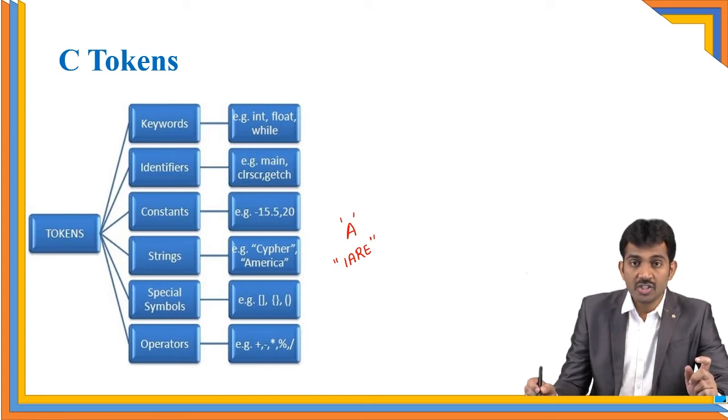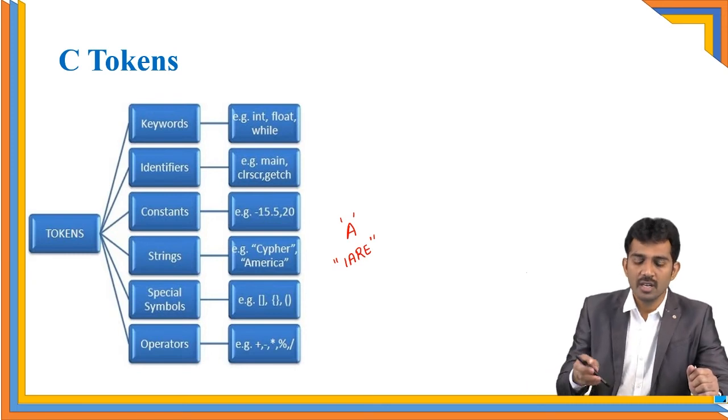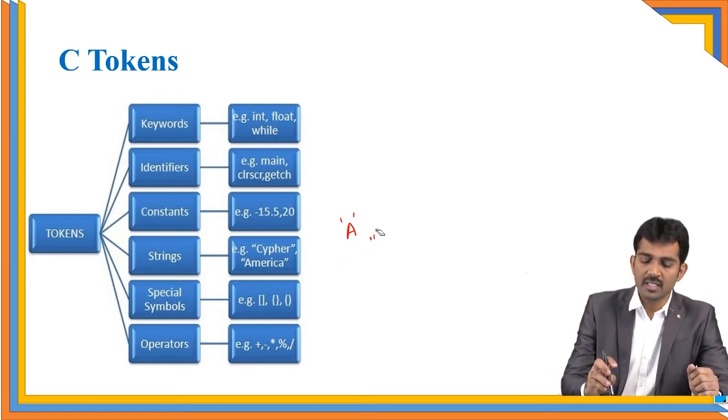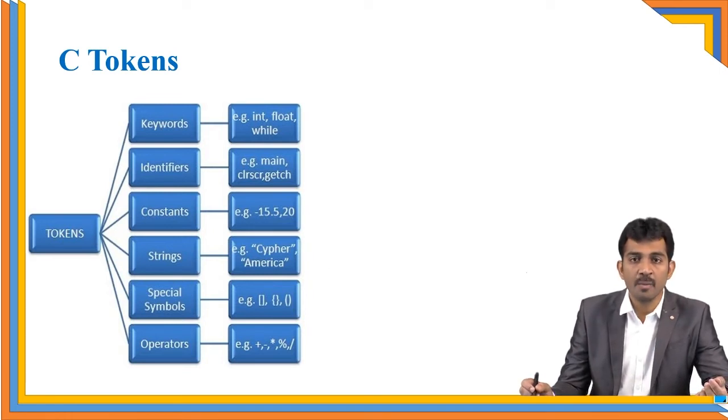A character or a string comes under the strings category, which is also one type of token. Coming to the special symbols, all the brackets, commas, full stops, all come under special symbols. Coming to the operators, C supports so many operators. We'll see later, right? Addition, subtraction, multiplication, all these come under the operators category.